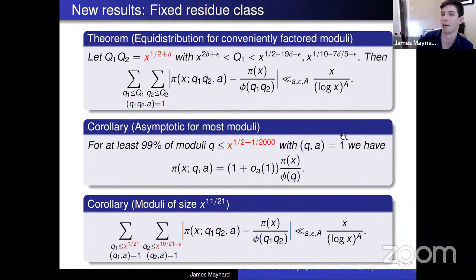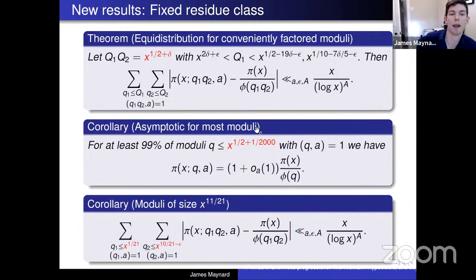Of course, we expect it to be true for 100% of moduli. We can't quite prove this, but this is getting the genuine asymptotic formula for the number of primes in a given residue class for most moduli that are going beyond this Riemann hypothesis range.